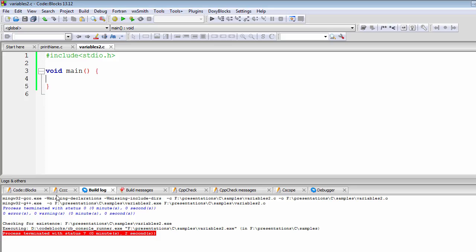So int necessarily means integer. The full name is integer. When you were in school, or when I was in school, I learned that an integer is a whole number. So what is a whole number? A whole number does not have any digit or value after a decimal point.